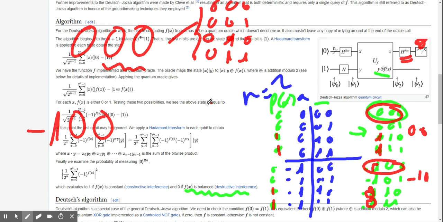Or am I just doing this wrong all the time, and the ancilla qubit in this case is considered to be this one.